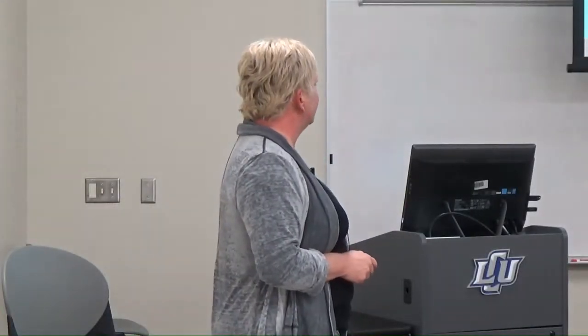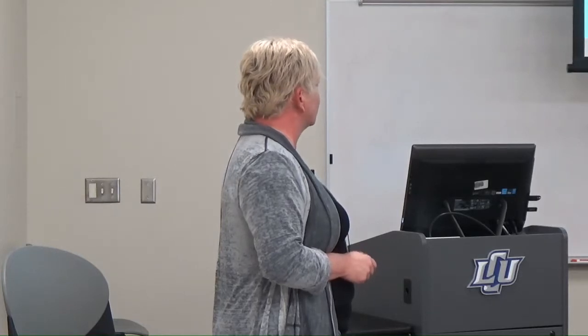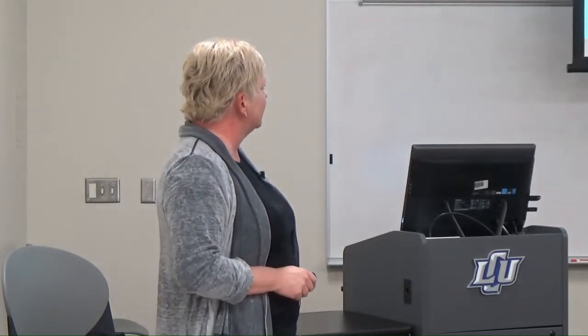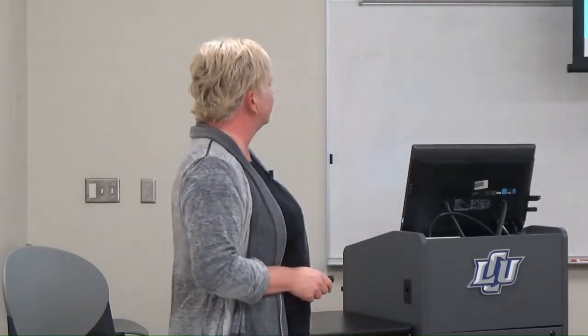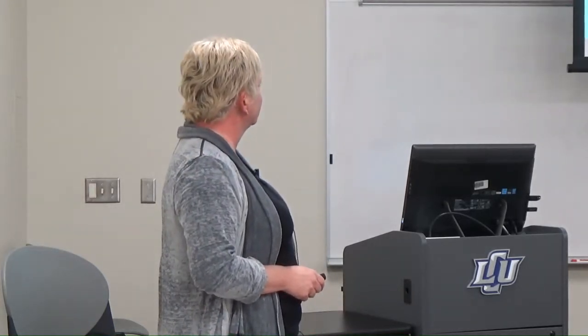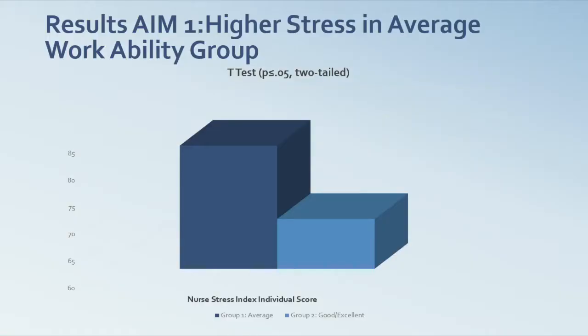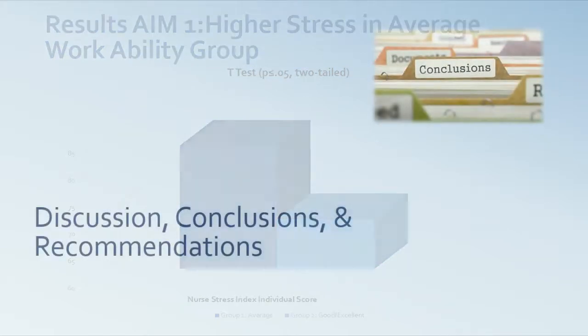I mean, that happens all day long to people. And then what about prioritizing your workload? Everything's a crisis, and you have to decide what's really a crisis, right? And then how supportive are our organizations? And then do we have home-work conflict? Are we having problems at home that may be coming over to work? And then this is just the individual scores totaled together. So we see similar results.